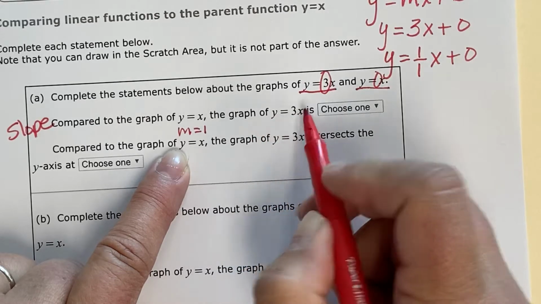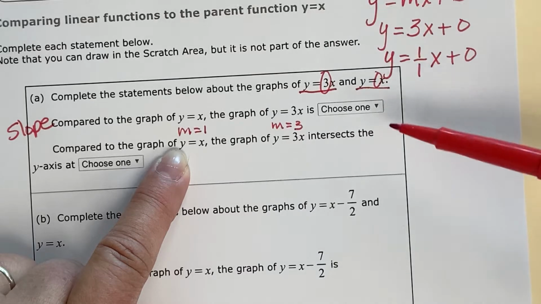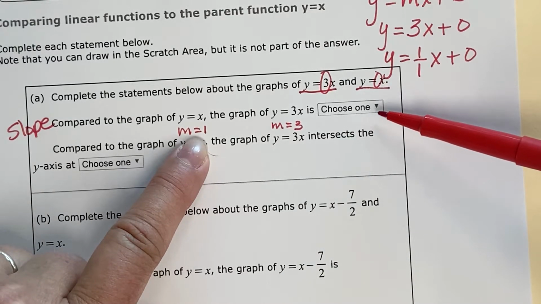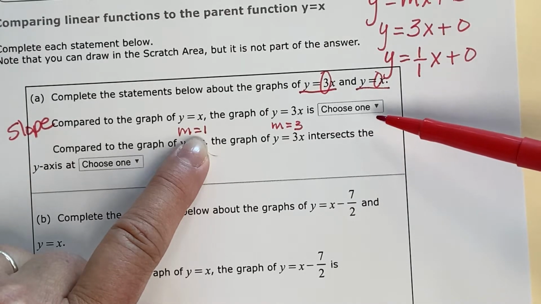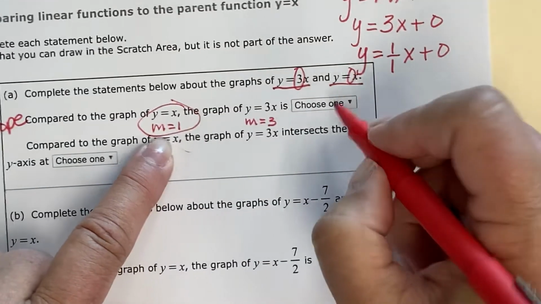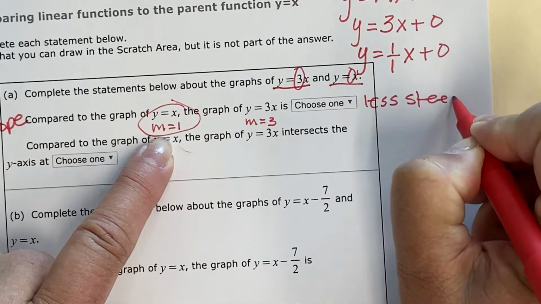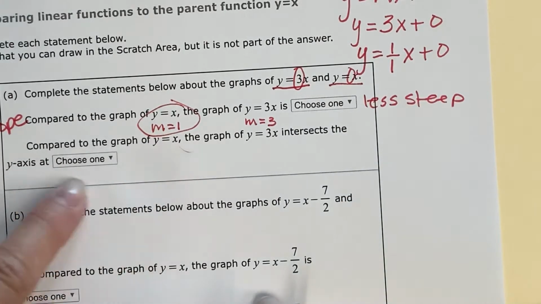And y equals 3x. This one, the slope equals 3. This drop down menu is going to say it's steeper, the same steep, or less steep, I believe. And it's that one first. The answer to this one is less steep. Okay, that's how that one works.